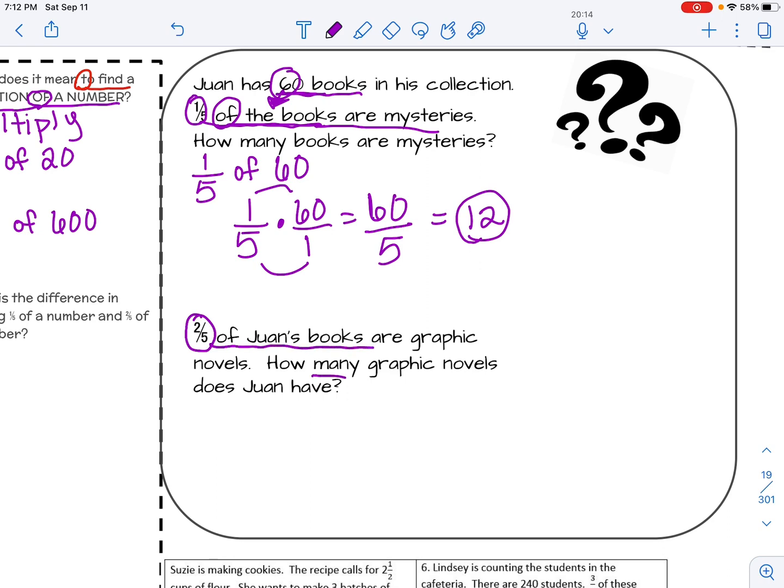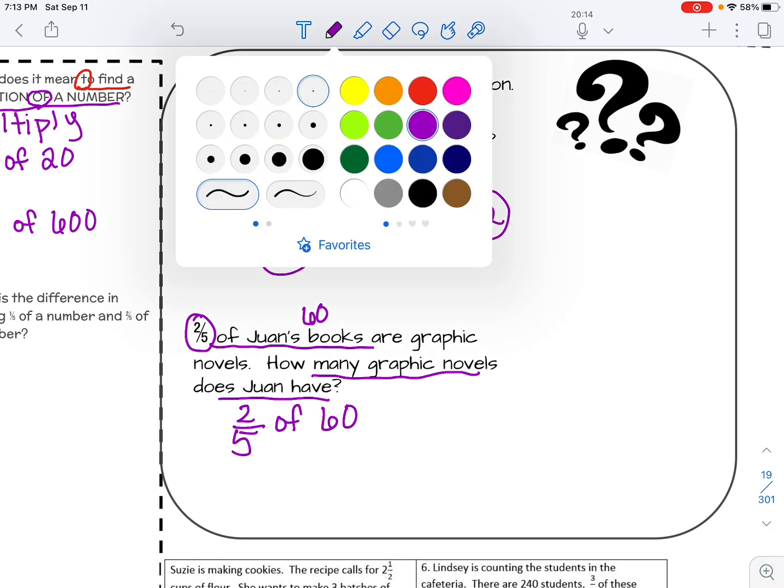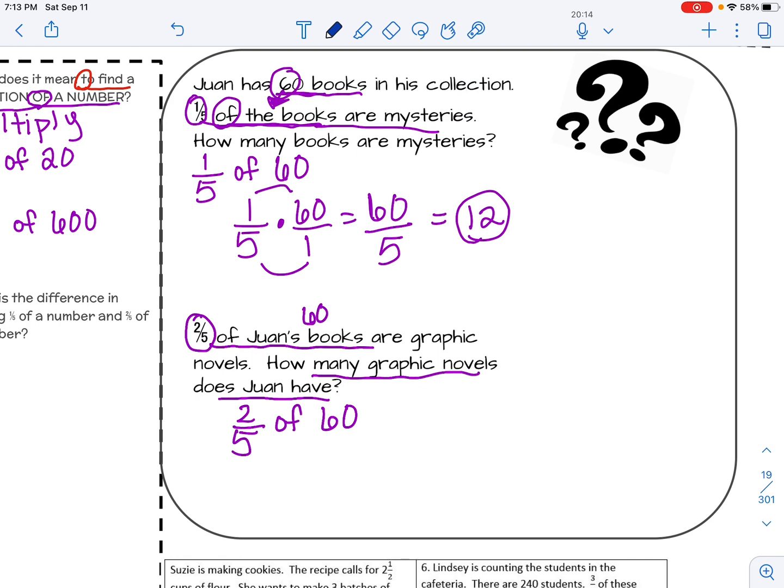All right, the next word question says 2/5 of Juan's books are graphic novels. How many graphic novels does Juan have? Well, we know that Juan's books are 60. So this is going to be 2/5 of 60. Well, if I can't remember that I multiply, one thing is I can draw a picture to match this word problem.